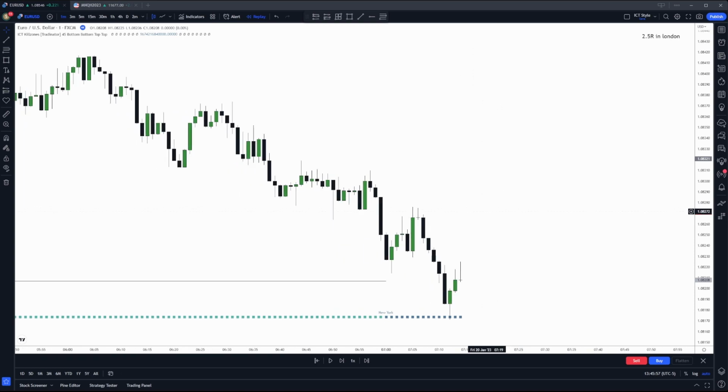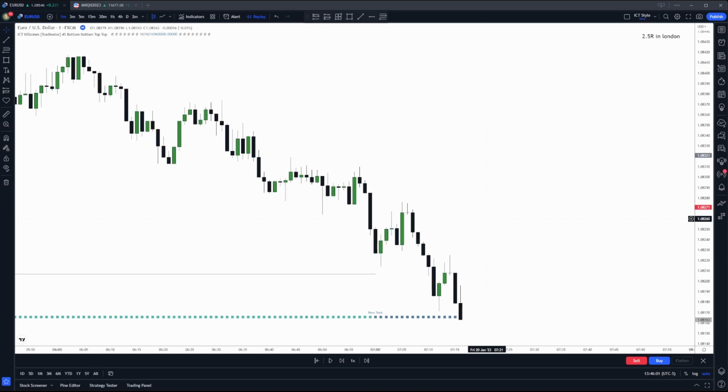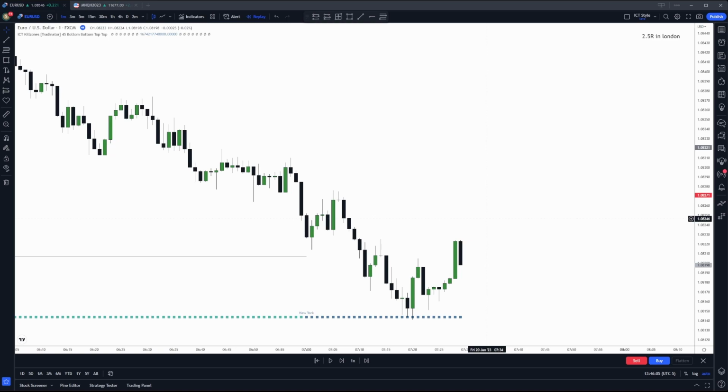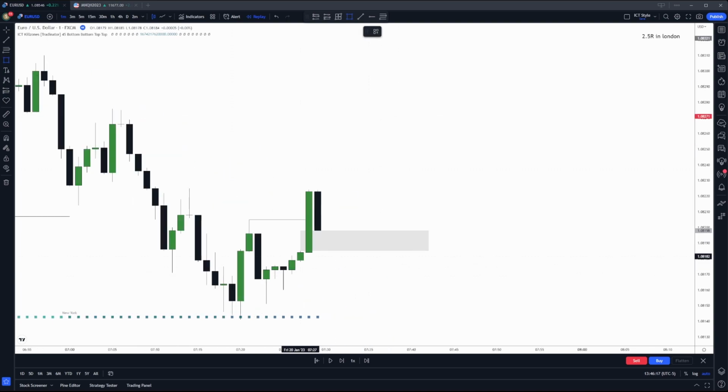I would immediately jump to the 1 minute and see if we can find some fair value gaps. As we can see, we just had a market structure shift, criteria number 1, and then we have ourselves a fair value gap. And if I look down here, we also have another fair value gap. So this one, and then I think also on top right here.